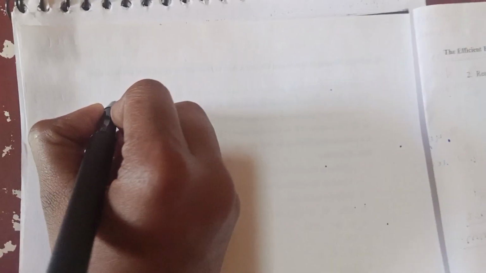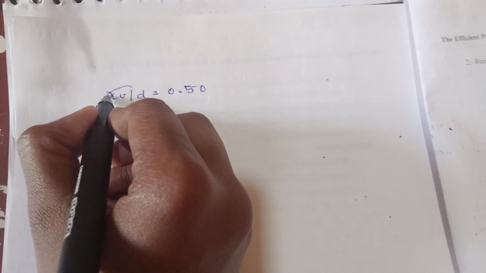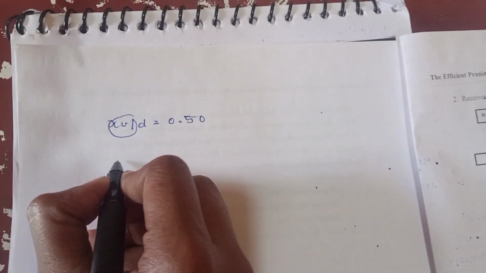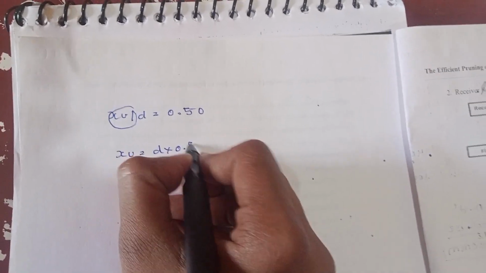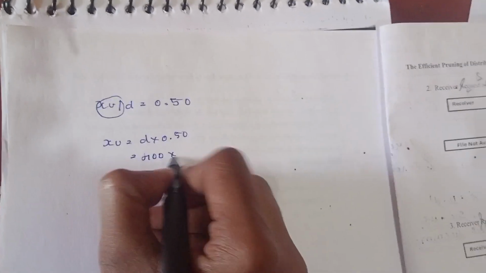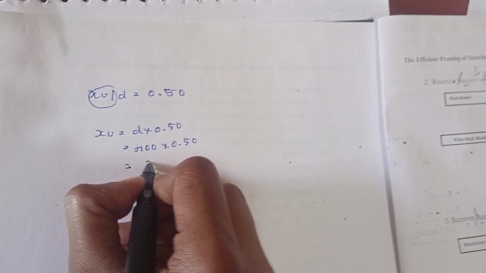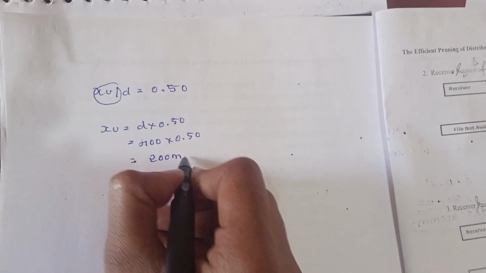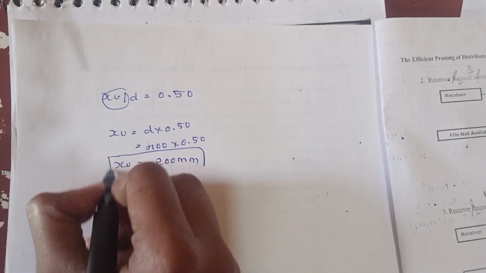Now we got the XU by D value as 0.50. Now we want the XU value, so XU equal to D into 0.50, that is 400 into 0.50, and the answer is 200 mm. We got XU as 200 mm.